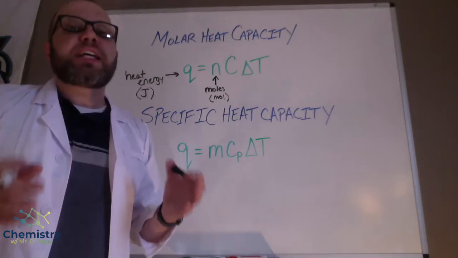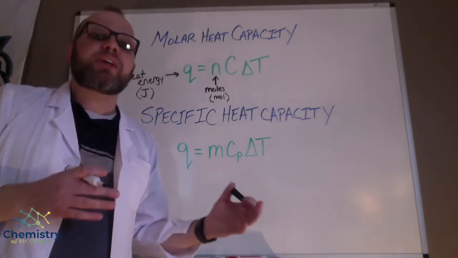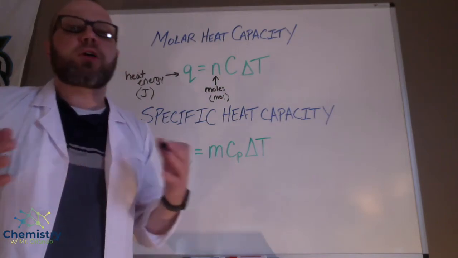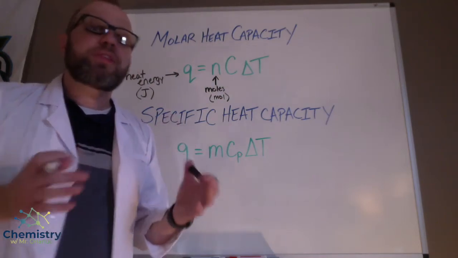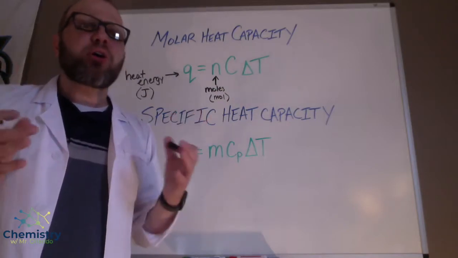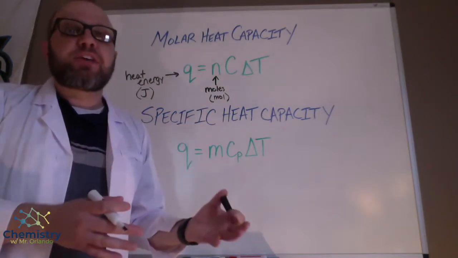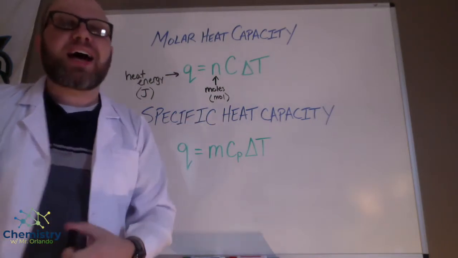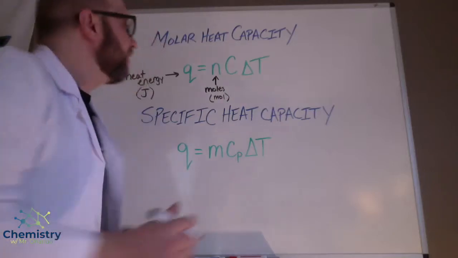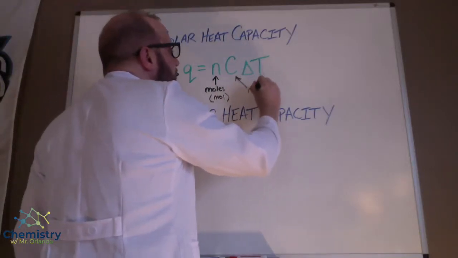So the molar heat capacity for water as a liquid might be different than the molar heat capacity for water as a solid or water as a gas. So it's a very specific unit, but it's a constant. It's not something that you're going to have to worry about changing. You'll either be looking for it in a problem or be provided it as part of the instructions.